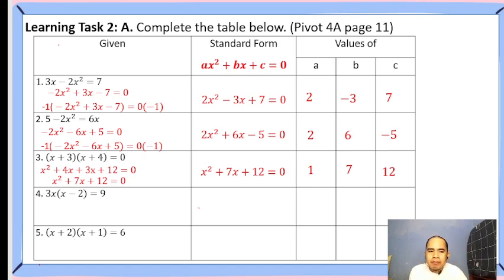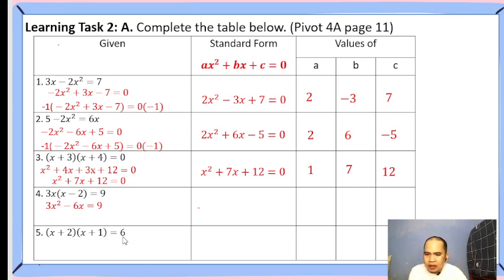Okay. Next. Our number 4. So, in number 4, naka-factored form pa rin siya. So, i-multiply pa rin natin each term. So, 3x times x is 3x squared. 3x times negative 2, that is negative 6x equals 9. So, let us observe, yung 9 natin is sa kabilang side ng equation. Ito yung constant natin.